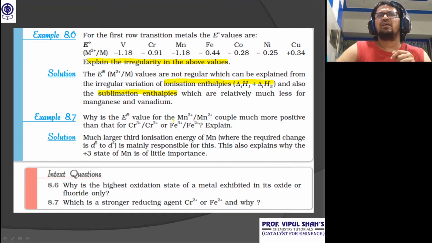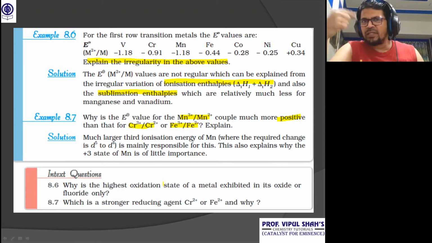The next one: E0 of the Mn3+/Mn2+ couple, that is the pair which undergoes +3 to +2, so it undergoes reduction, is much more positive than Cr3+/Cr2+ or Fe3+/Fe2+. If I take Mn with Mn2+, that's placed below hydrogen.